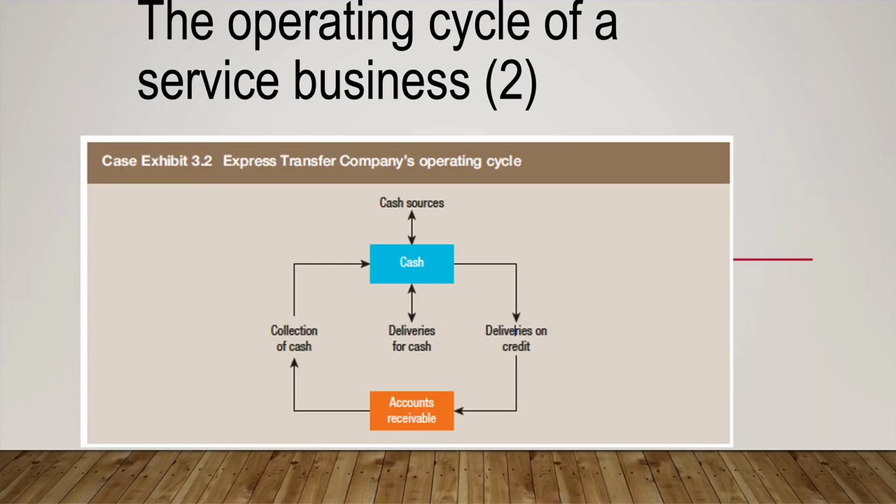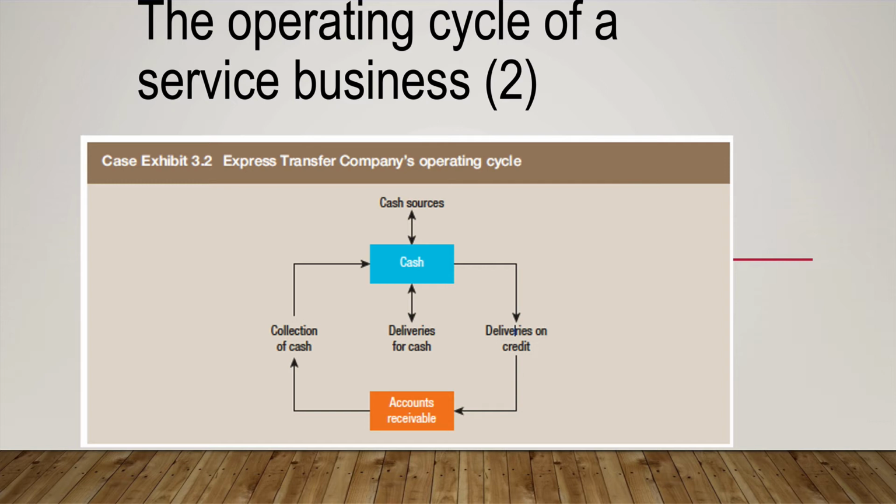So here is, again, a graphic of the operating cycle of a service business, and really the cash comes from, this is an express transfer company, so this is a delivery service like a DoorDash, right?